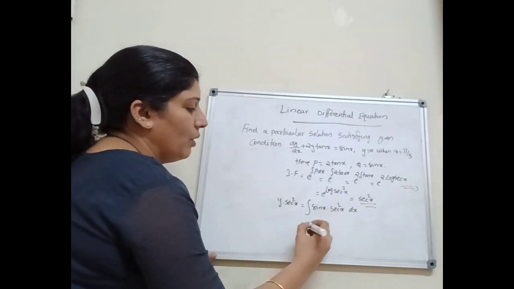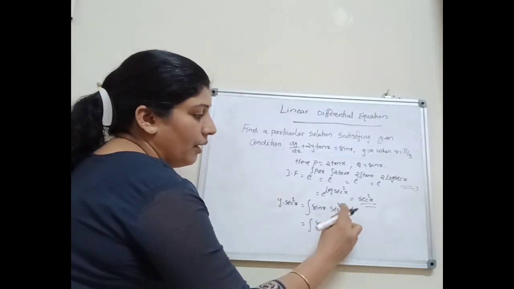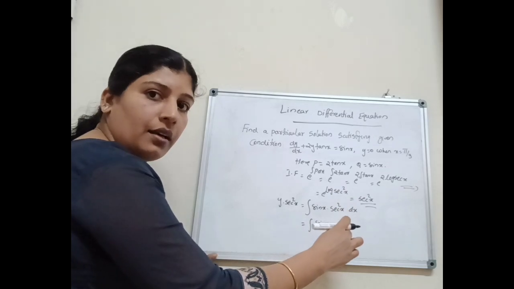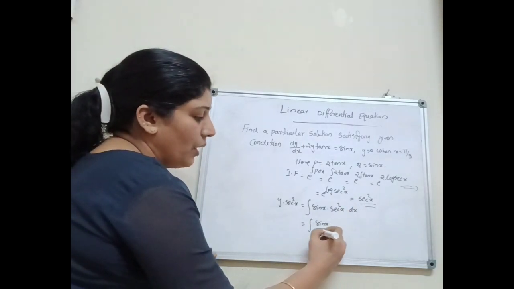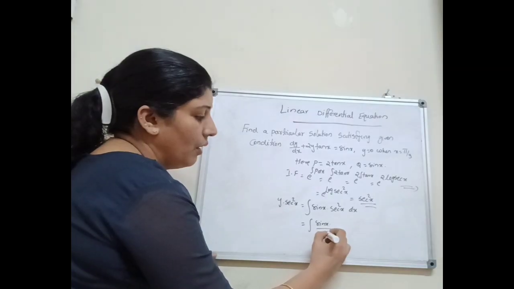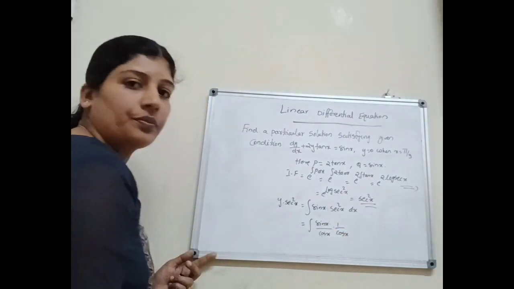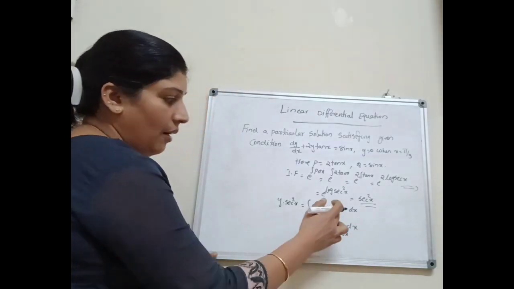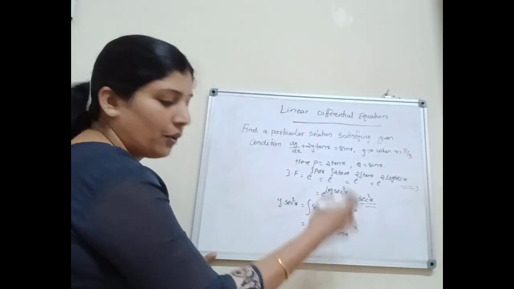Then it is equal to integral sin x by cos square x, that is, sec square x can be written as 1 by cos square x. That is sin x by cos x into 1 by cos x dx. It is equal to, that is, 1 by cos square x can be split into sin x by cos x into 1 by cos x.